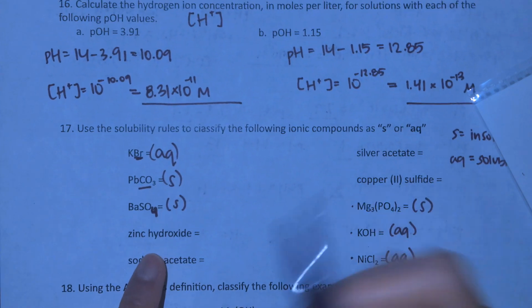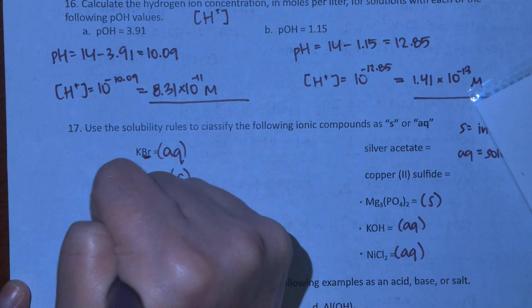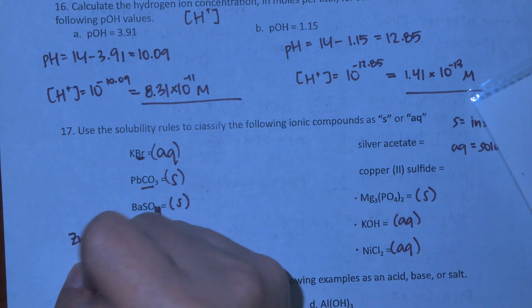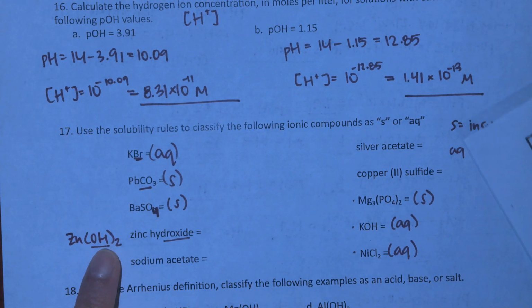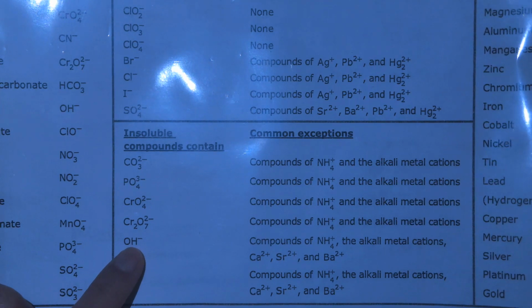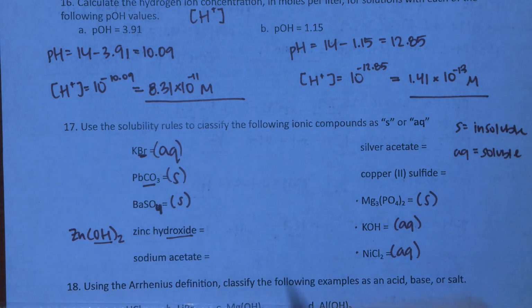So zinc hydroxide is that. So you have to look at hydroxide, OH, considering if it's soluble or insoluble. So I'm going to look at OH. It falls under insoluble. Is zinc one of the exceptions? It's not. So it still is insoluble.